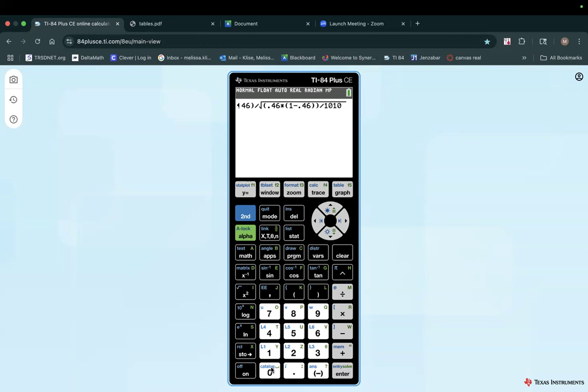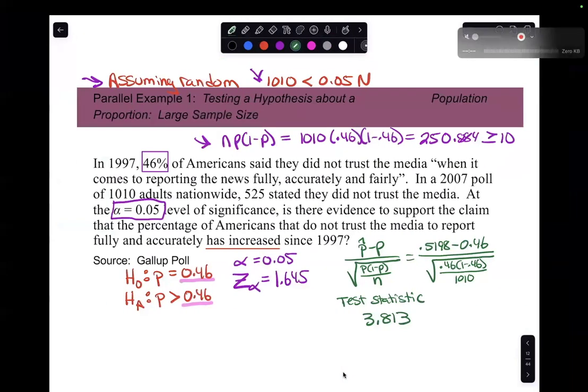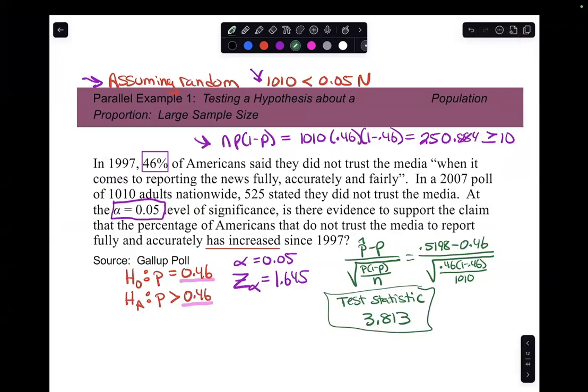That's how I have the whole thing in my calculator. I'm going to hit enter. So my test statistic, I'm going to write this down before I bop back over: 3.813. Okay, so my test statistic is 3.813.